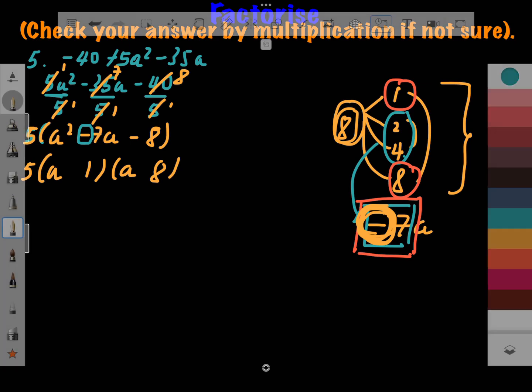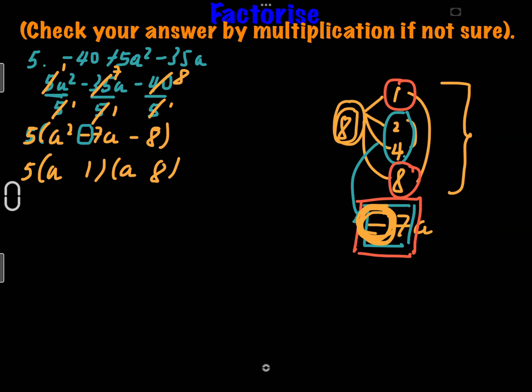Because 8 is greater than 1, the greater value gains the operation in front of the middle term. Purely because 8 is greater than 1, it takes that operation, so it becomes negative 8.